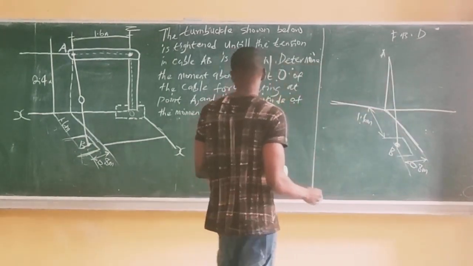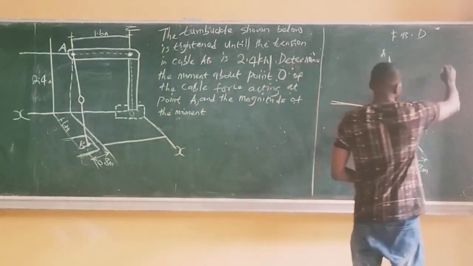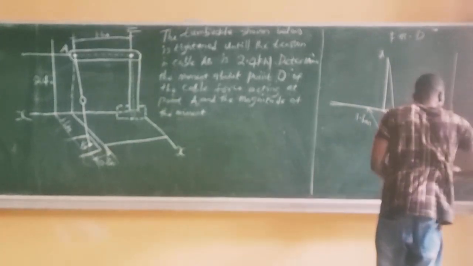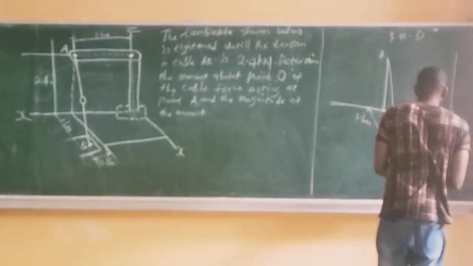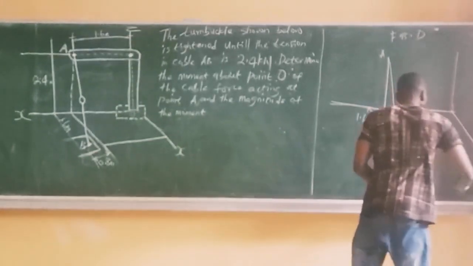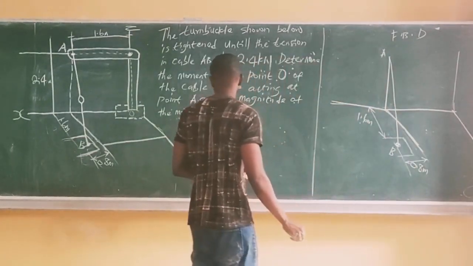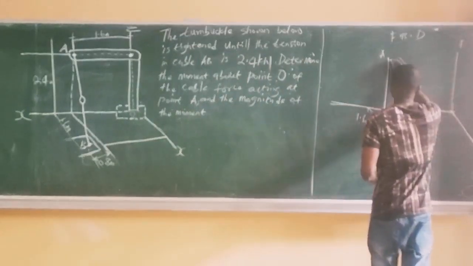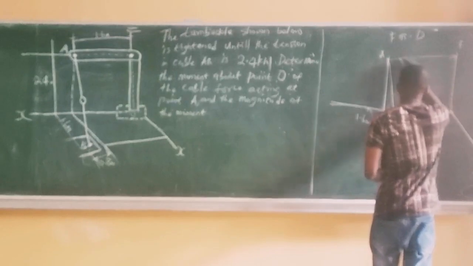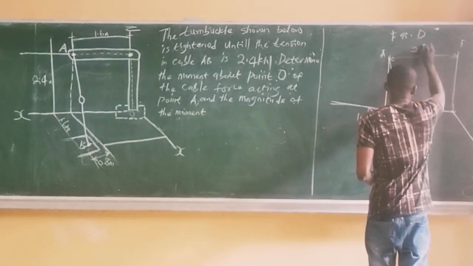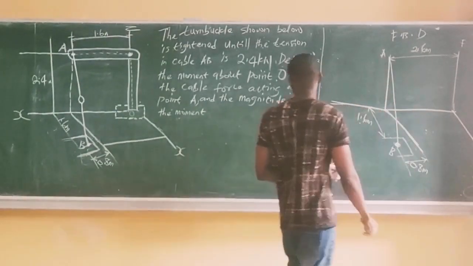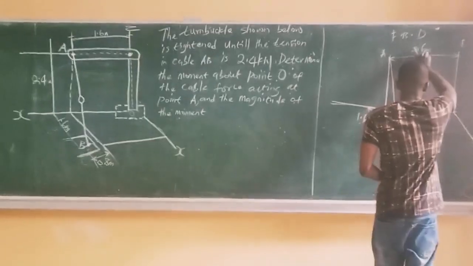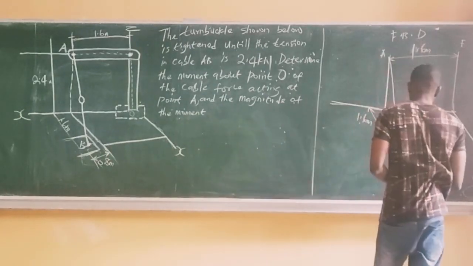Alright, so this is what the free body diagram looks like. Distance from point A to point F is the distance from this point to this point. The value is 1.6 meters.